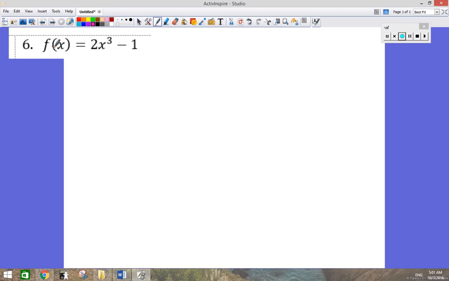The technique for finding this inverse function is to switch. The idea of an inverse switches the domain and range. So I'm going to write this just using my familiar x and y notation. And since the domain and range switch, I'm going to switch the variables x and y.